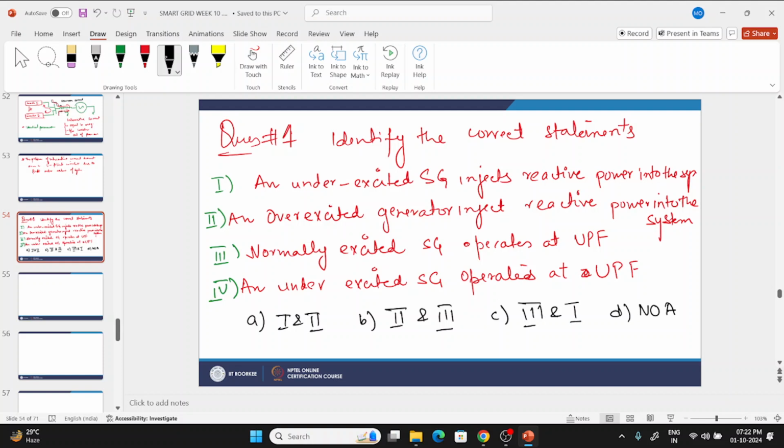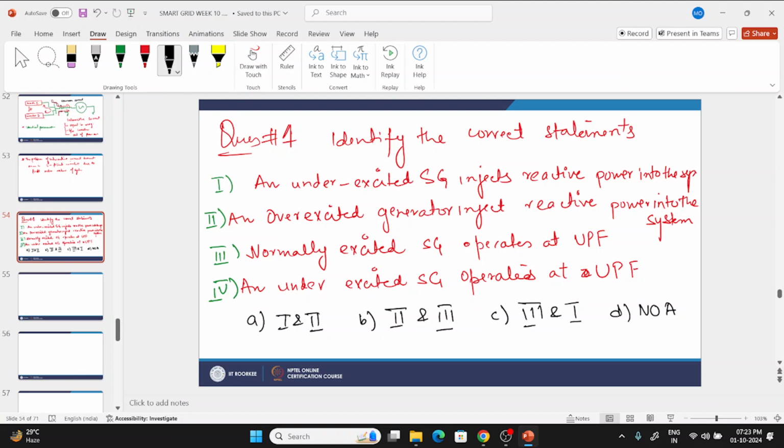So write the answer. The question here is that we have to identify the correct statement. An underexcited synchronous generator injects reactive power into the system. An overexcited generator injects reactive power into the system. A normally excited synchronous generator operates at UPF and an underexcited operates at UPF.